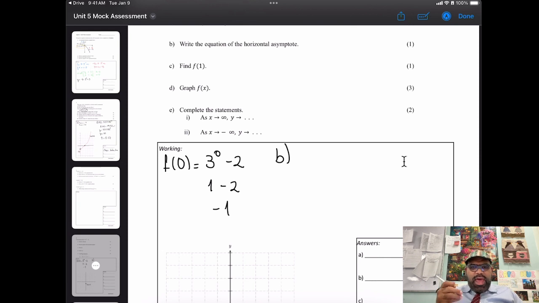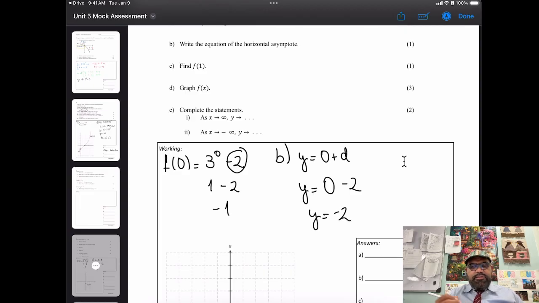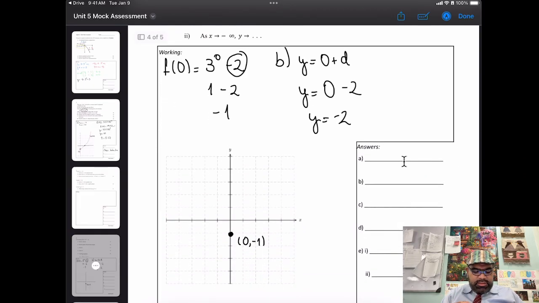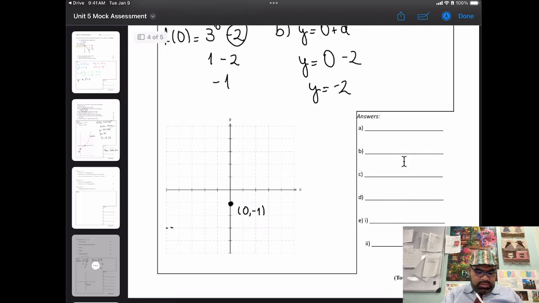The horizontal asymptote for this function is y equals 0 plus d. Who is d for us here? Negative 2. 0 minus 2, y equals negative 2. Then my asymptote is y equals negative 2.